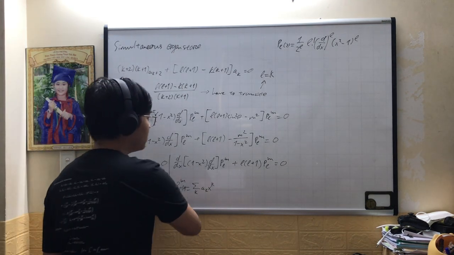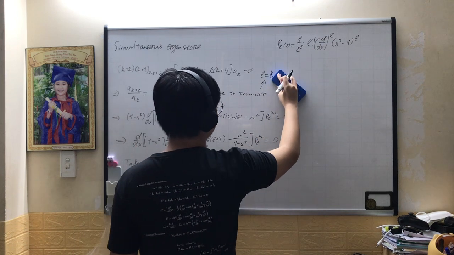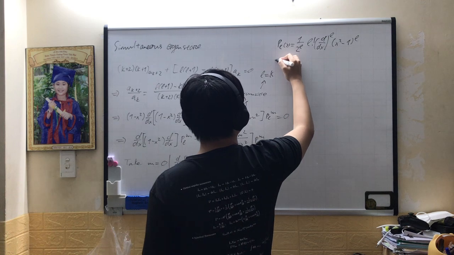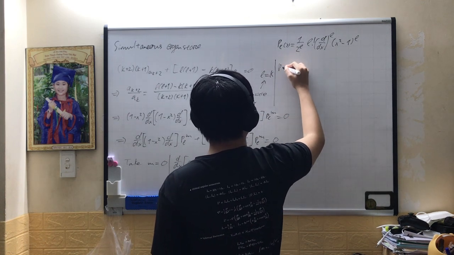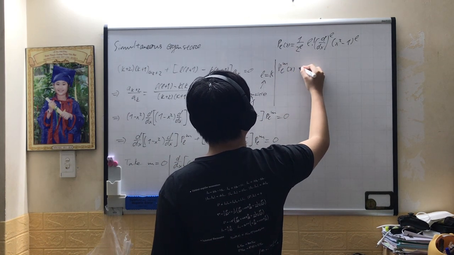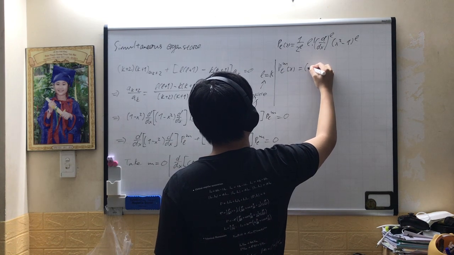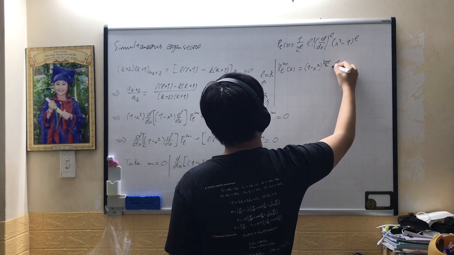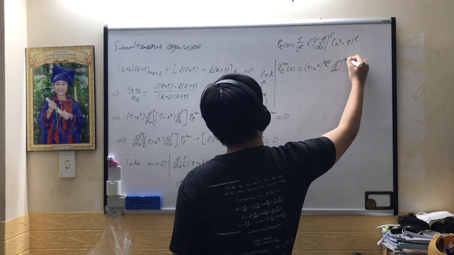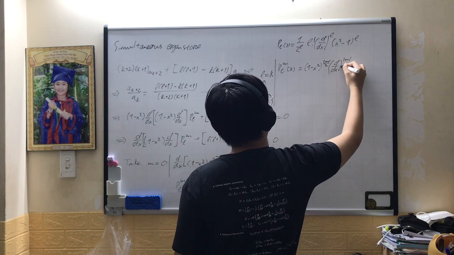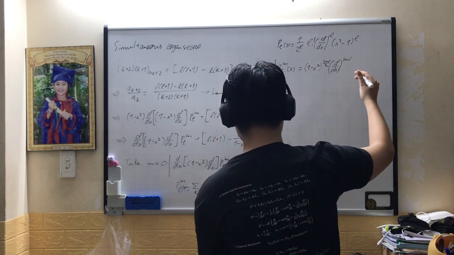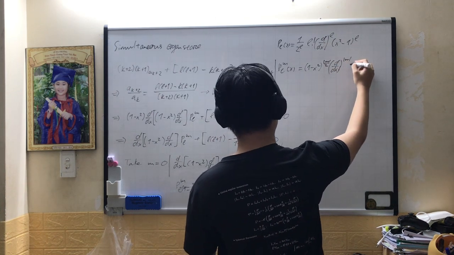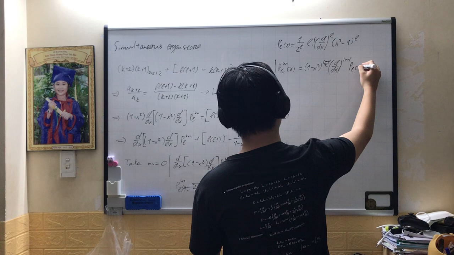And from here, what one person did is that he put it in the general form, which is P_l^m of x equal to (1 minus x squared) to the m over 2, d/dx to the m of P_l of x.